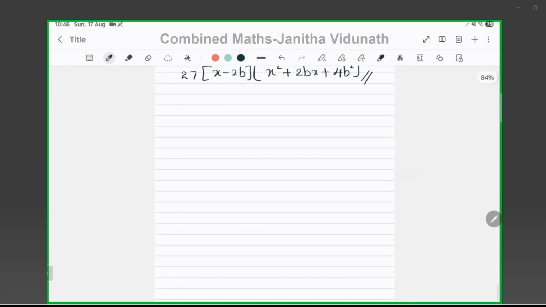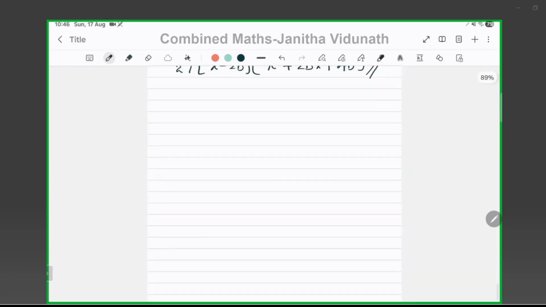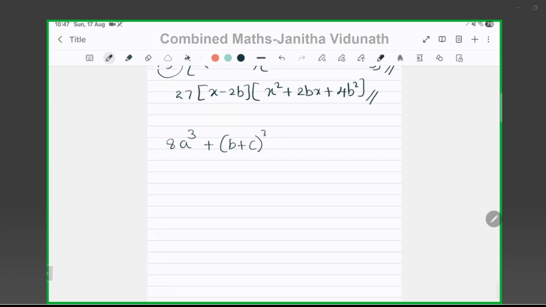I will do another example to practice this. That we have 8 times a to the power 3 plus b plus c whole cube. Then we can write this as 2a to the power 3, and there is a plus sign, and here we have b plus c whole cube.